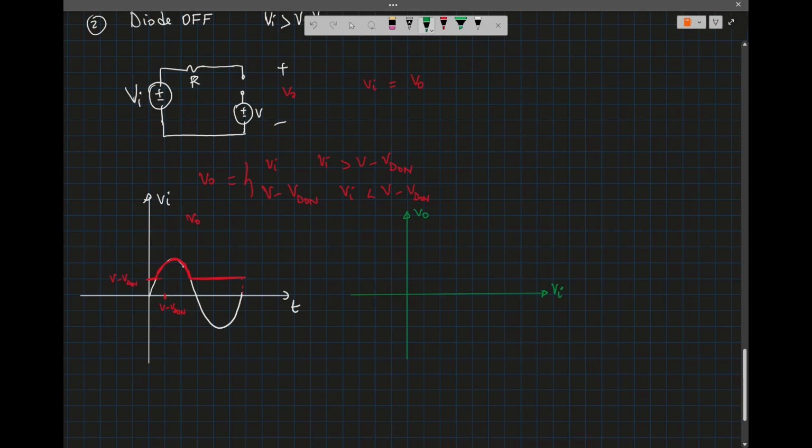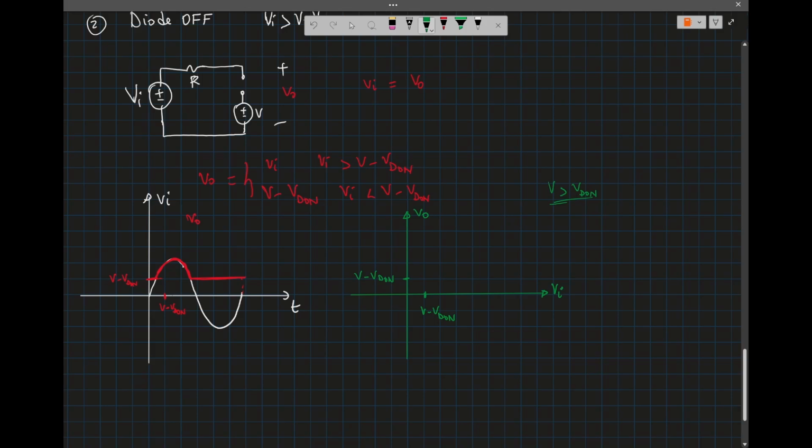So let's say V minus VD1. I'm assuming that V is bigger than VD1.